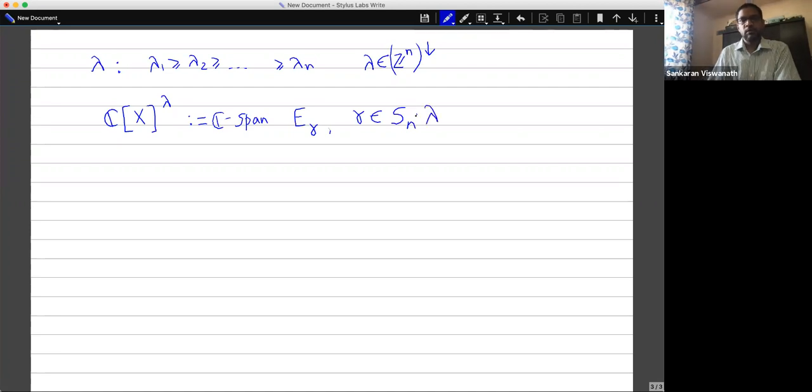So gamma runs over Sn lambda, all rearrangements.